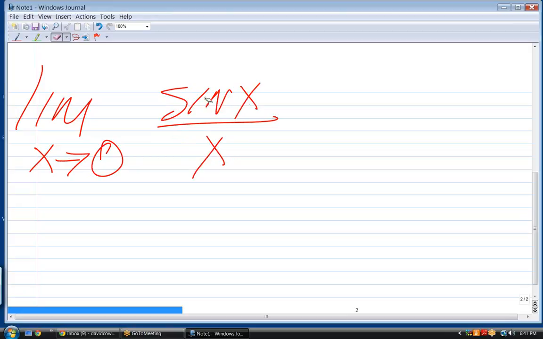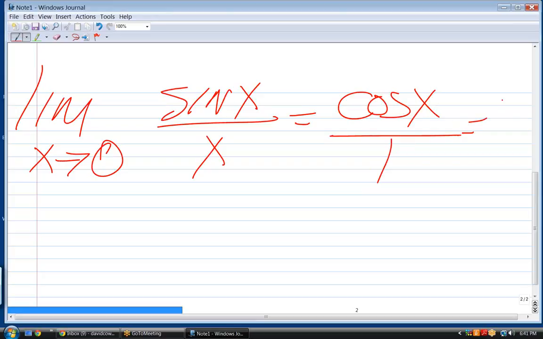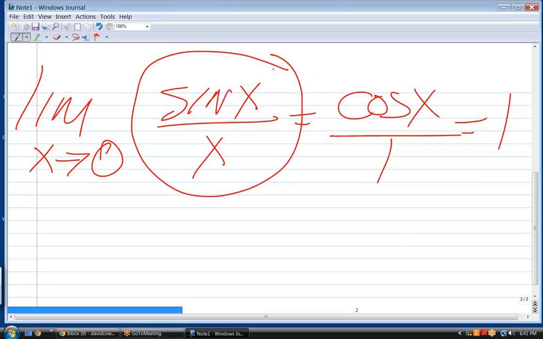There's a real simple rule that says if you take the derivative of the numerator and the derivative of the denominator and reevaluate it, you get your answer. Well, the derivative of sine is cosine. The derivative of x is 1. Cosine of 0 is equal to 1. So the limit of that is 1, based on L'Hopital's rule, which says that if you have an indeterminate 0 over 0, you can solve it by taking the derivative of the top and bottom.